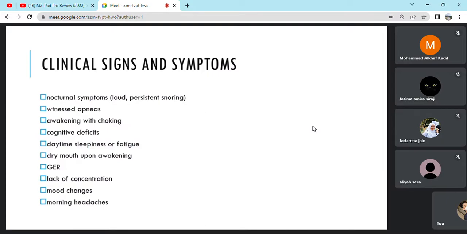You have to understand also that though it has been happening for quite some time, hindi nila nire-report kaagad yan. What I mean is that even if the patient has been suffering from this condition, usually the patient or the bed partner will not complain at this point in time until such time that there is already disturbance in the sleep.